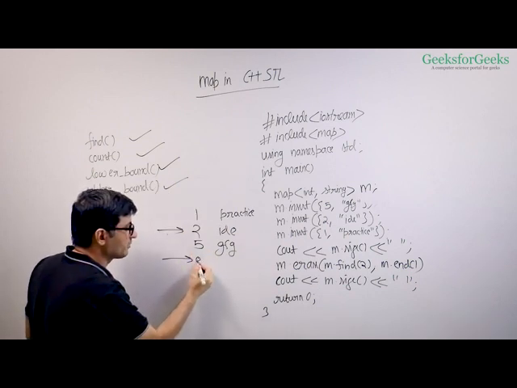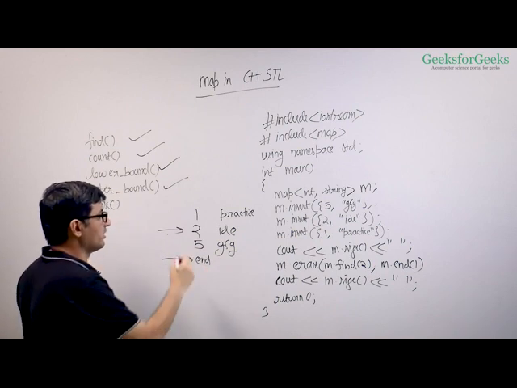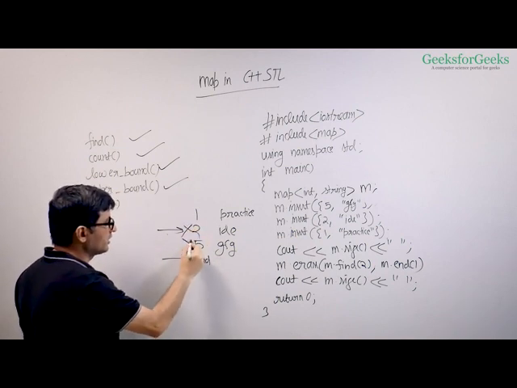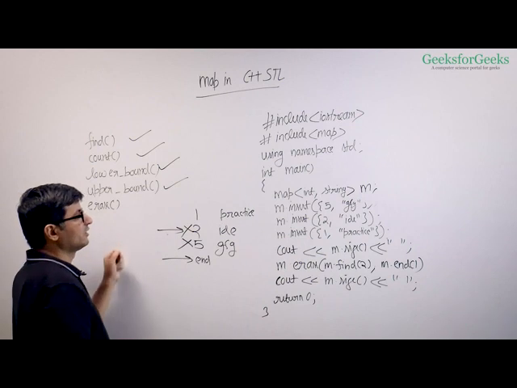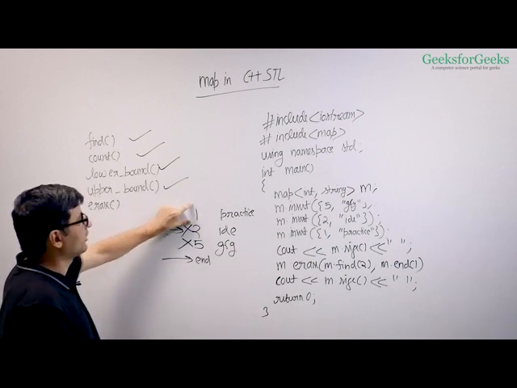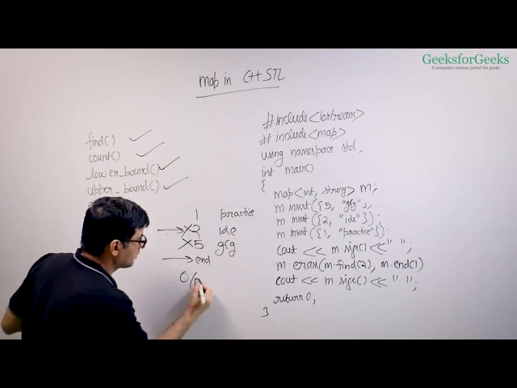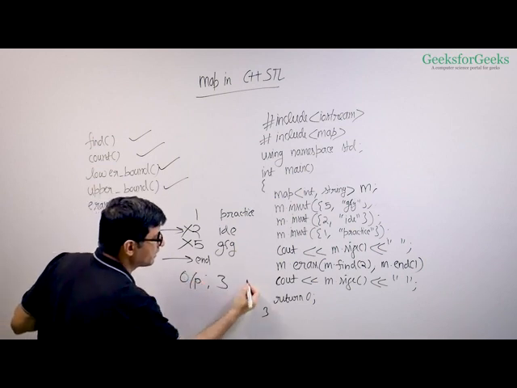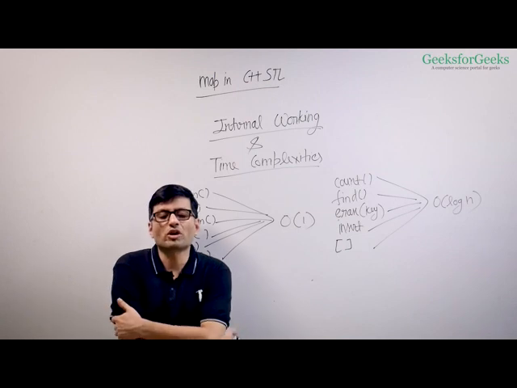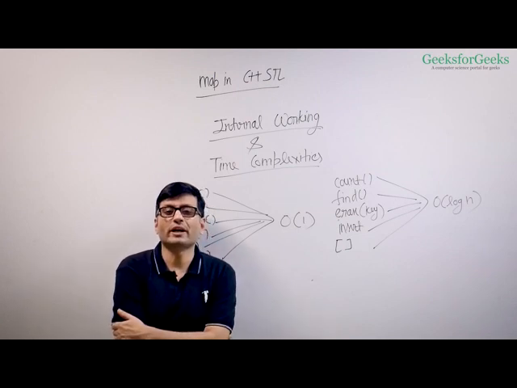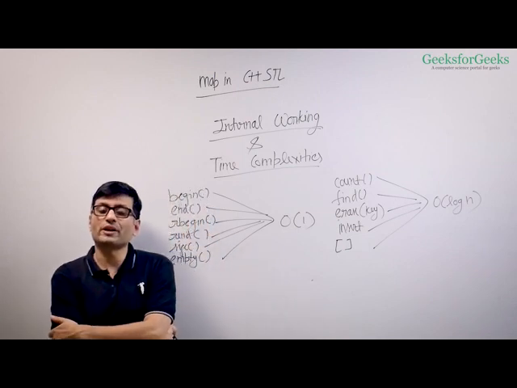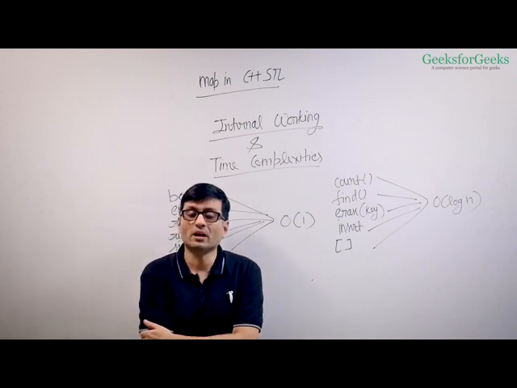So it will delete these and then stop at the end. Your map is going to contain only one element after this call, and the output is going to be 3 and then 1.